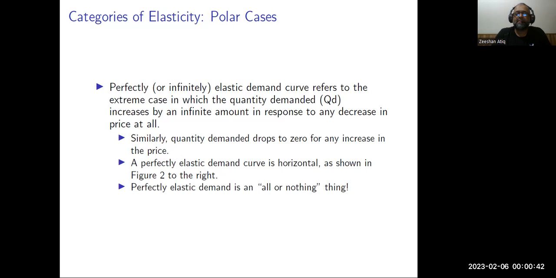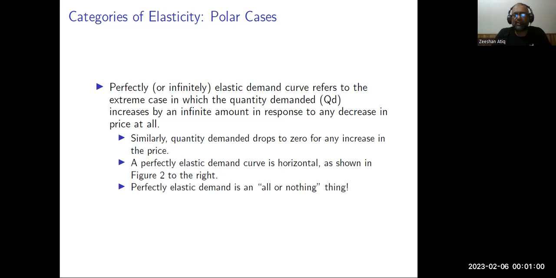However, if he changes the price in any direction, that creates an all-or-nothing situation. For example, if he reduces the price by a small amount, it can increase his quantity demanded by a very large amount.